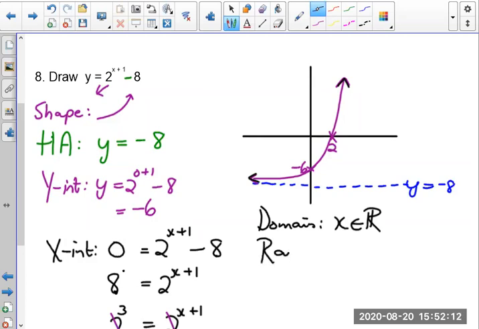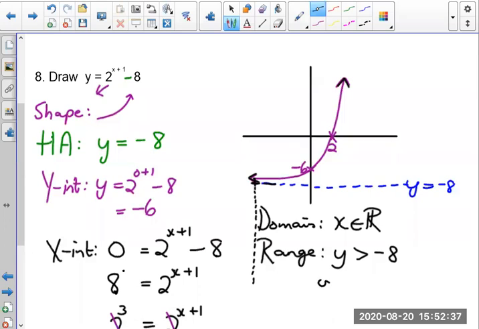A range? Well, if you come from the bottom, from minus infinity, where's the first place where you will hit the graph? Just above the asymptote. So can you see it's the y values bigger than minus 8.